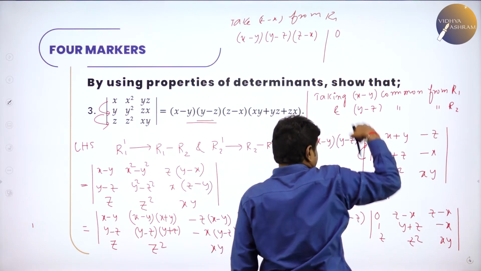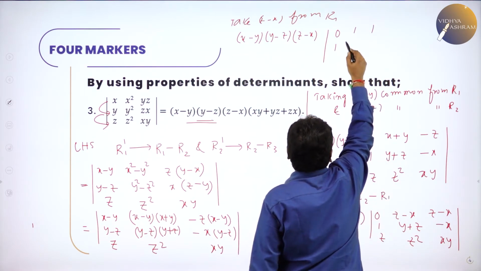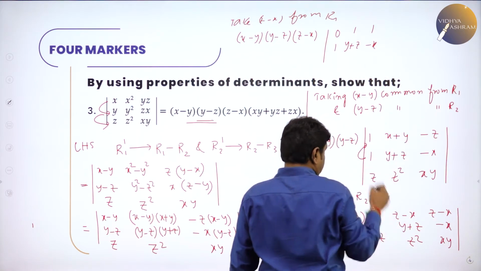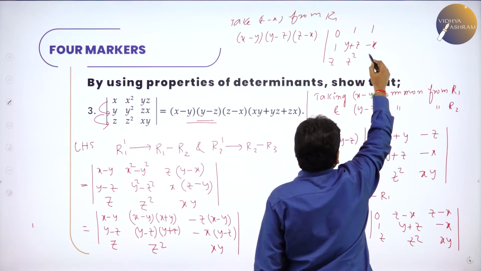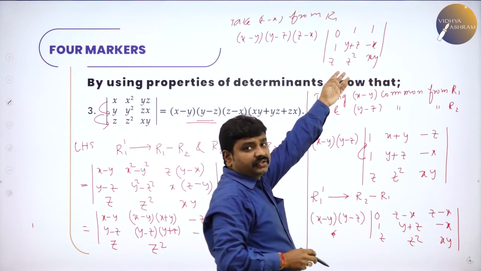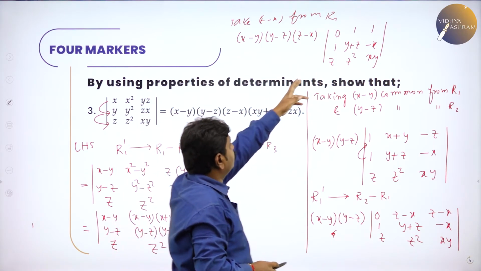Determinant of 0, then 1, 1, then remaining 1, y plus z, then minus x, then z square xy. Now expand this, you have to get the last term xy plus yz plus zx. So now we need to expand this.